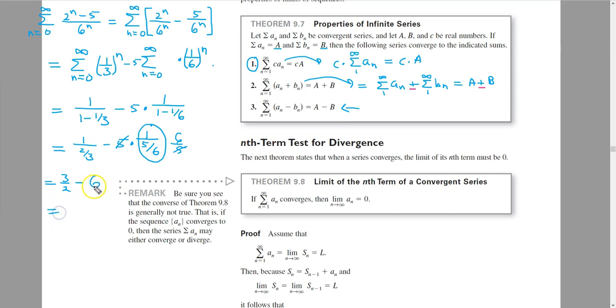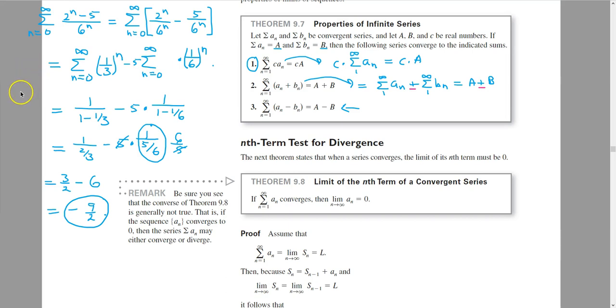And then just simplifying this, let's see, 6 is 12/2, so 3/2 minus 12/2, and we get -9/2. And that's our answer. So that's what this original series up here summed to.